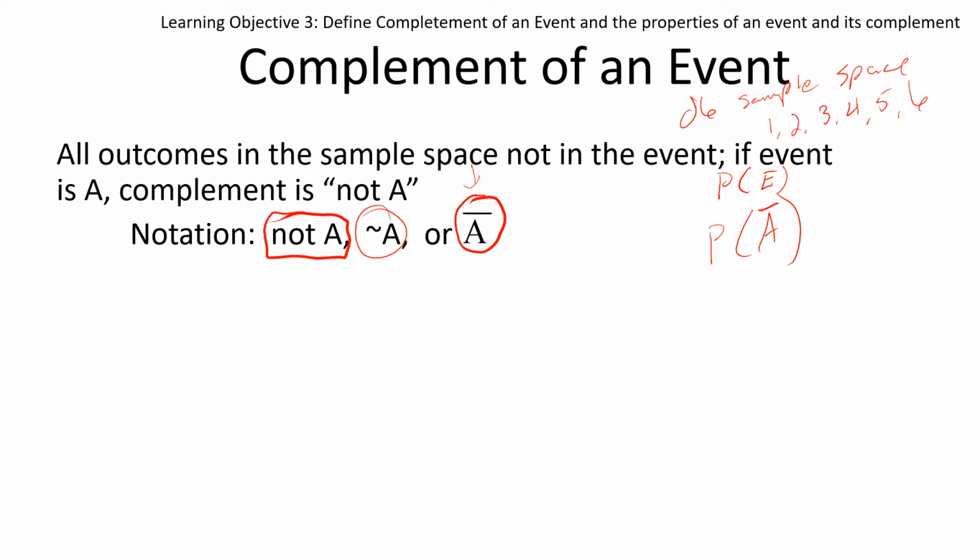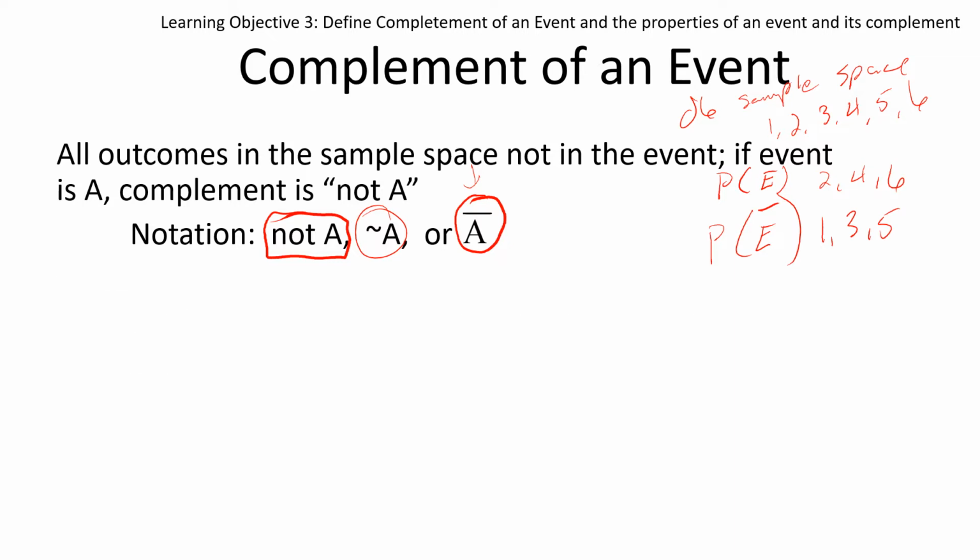If we're looking at the probability of getting an even, in that event of even, it is a 2, a 4, and a 6. So the probability of getting, and I'm going to erase the A here, we'll go back and do a not even. The probability of not even would be the outcomes 1, 3, and 5, because those are all the outcomes that are not even. So it's either even or not even.